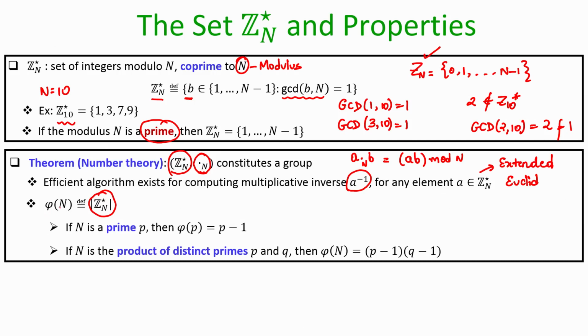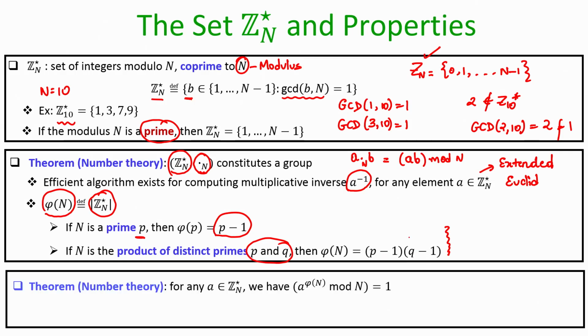The cardinality, or the number of such elements, is denoted by the phi function, which is also called the Euler totient function. The particular cases in which we are interested are when the modulus n is a prime p, in which case phi of n will be p minus 1, whereas if n is the product of distinct prime numbers p and q, then the value of phi of n is the product of p minus 1 and q minus 1.